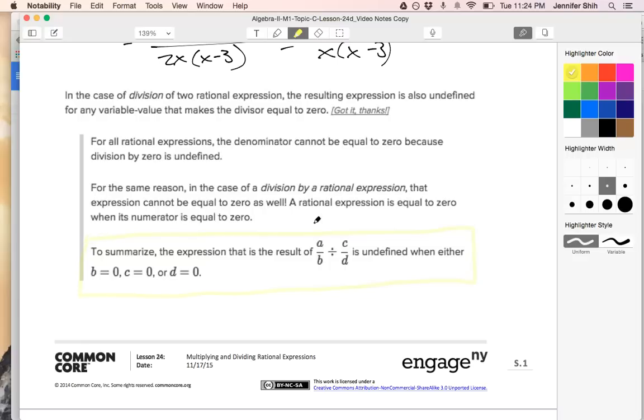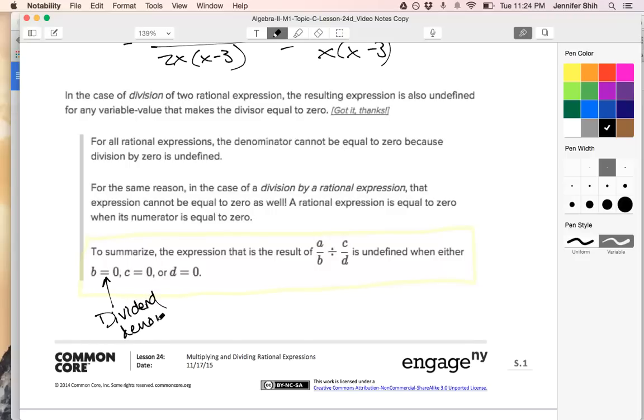The expression a over b divided by c over d is undefined when either the denominator, this is the denominator for the dividend, b, or d is 0.